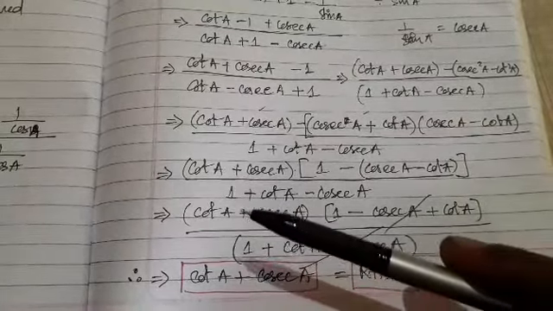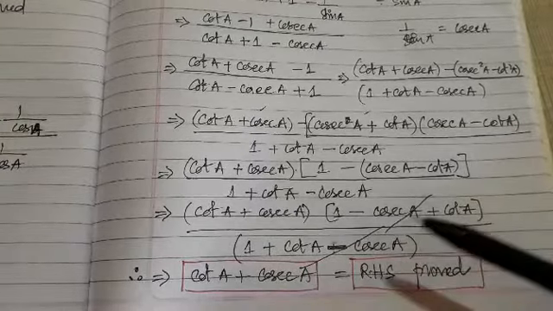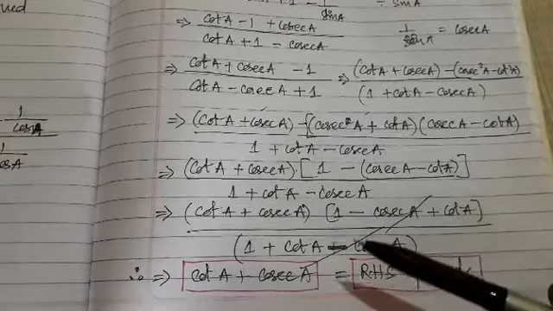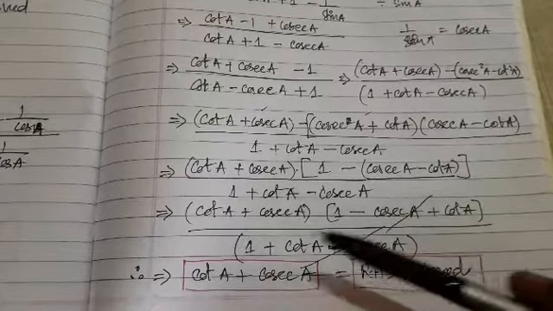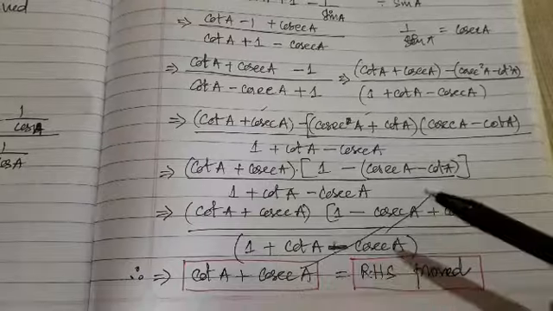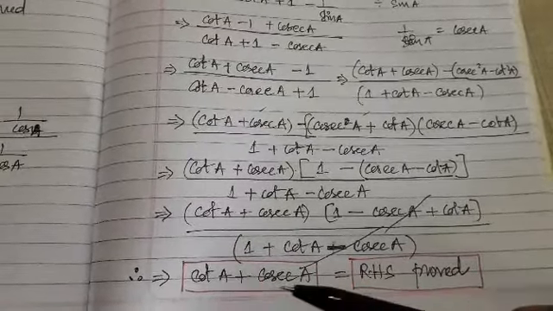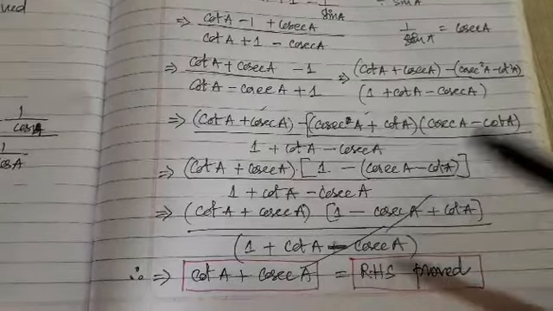In the denominator also we have 1 plus cot A minus cosecant A. Both the terms are the same, so the total bracket is cancelled. 1 is here, 1 is here, minus cosecant A, cot A, so these two terms will be cancelled. What is remaining there? Cot A plus cosecant A, which is our right hand side.